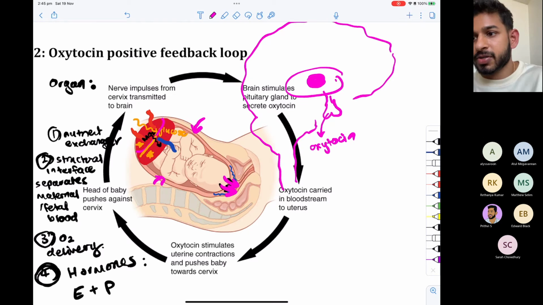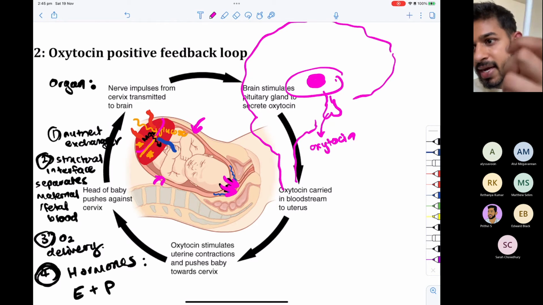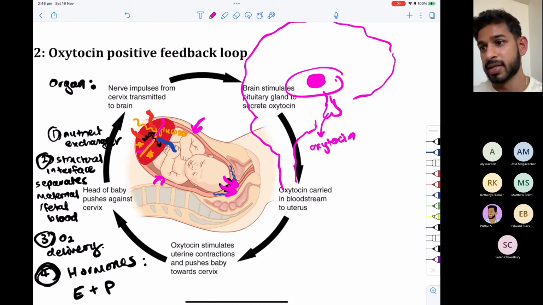If I'm feeling cold, my muscles will shake until I'm warm enough again, counteracting the stimulus. This is a rare case where the stimulus of a baby's head pushing against the cervix stimulates nerves, causes oxytocin release, which pushes the baby's head even harder against the cervix, keeps that pathway going. Very good. Any questions?